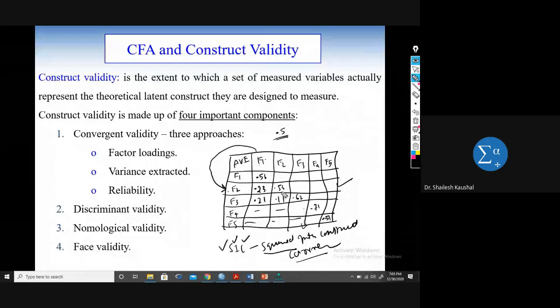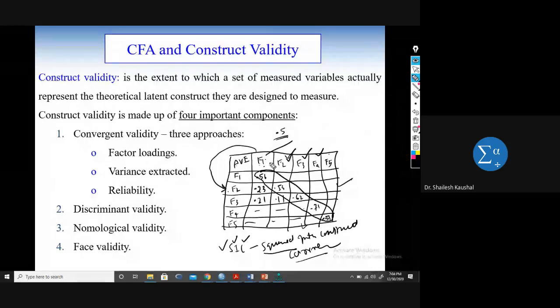In discriminant analysis, a particular factor should be unrelated to the other factors. F1 should be unrelated to the other 4 factors, and F2 is also unrelated to the other factors.